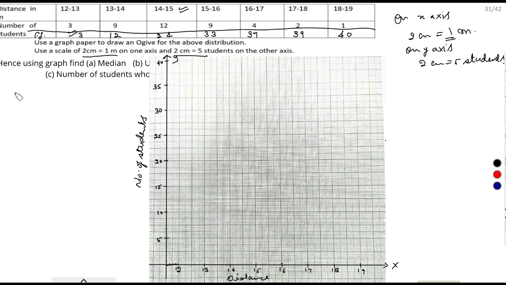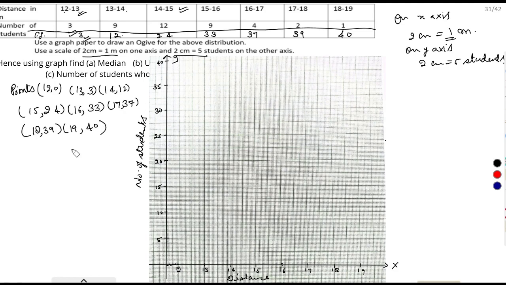For the ogive, first 12, 0, then upper limit and cumulative frequency 13, 3, next 14, 12. First point 12 comma 0. Next 13 comma 3.